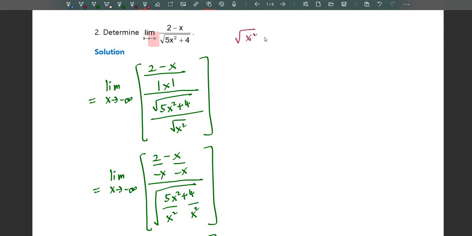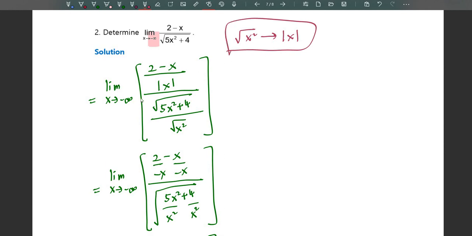So root of x squared is equivalent to modulus x. That's why here I didn't divide the numerator with root of x squared, but instead I divide it with modulus x. Remember this is a theorem.